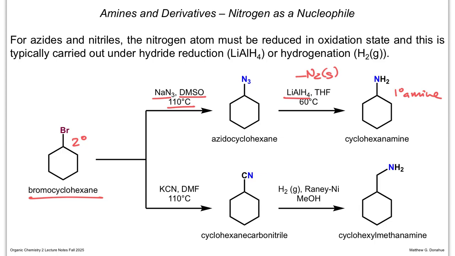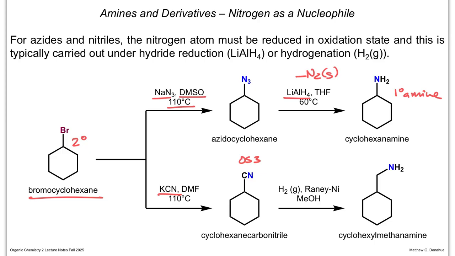In the lower route, when we start with potassium cyanide, the carbon's the nucleophile. So it is getting attached to where that electrophile was. And since it's a triple bond to a heteroatom, it's at oxidation state 3.